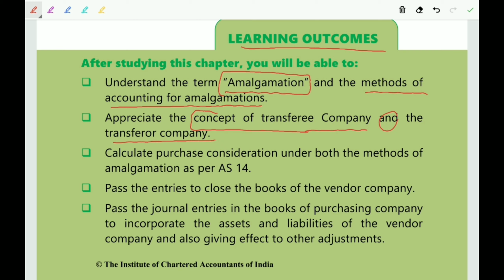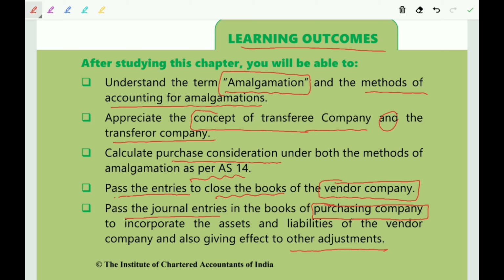The next concept is calculation of purchase consideration under both the methods as per AS 14. Next, pass the journal entries to close the books of the vendor company, and pass the journal entries in the books of the purchasing company, that means transferee company, to incorporate the assets and liabilities of the vendor company and also give effect to the other adjustments.